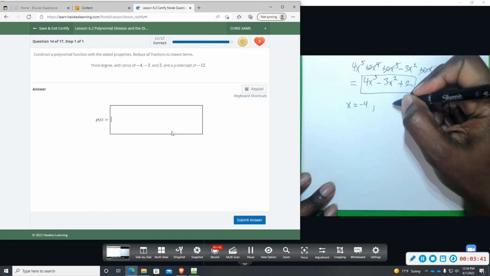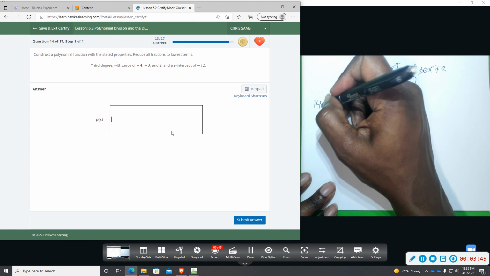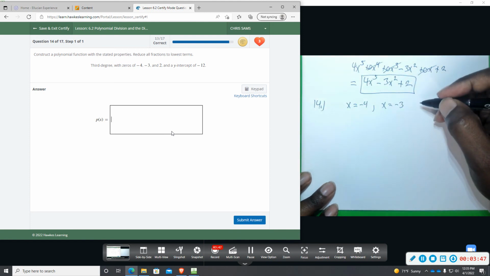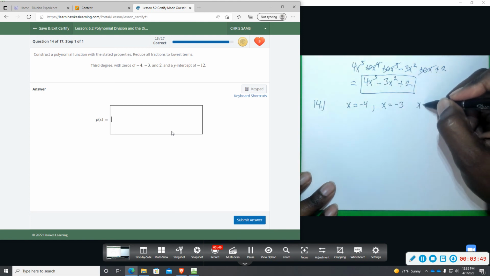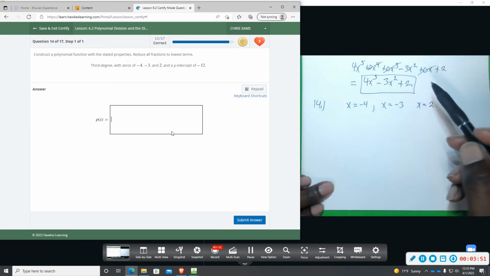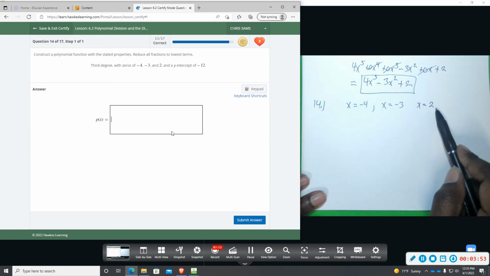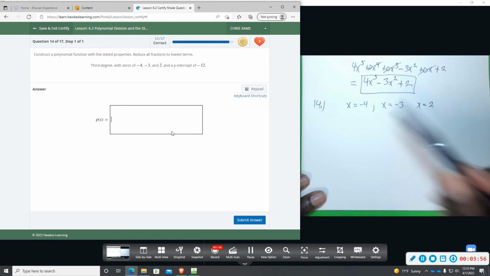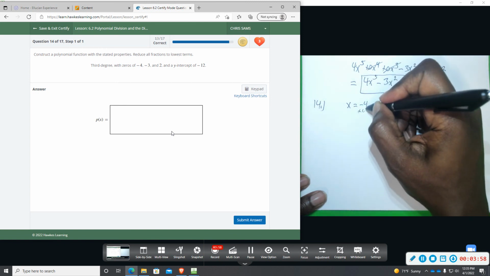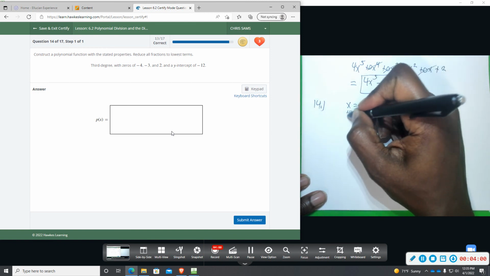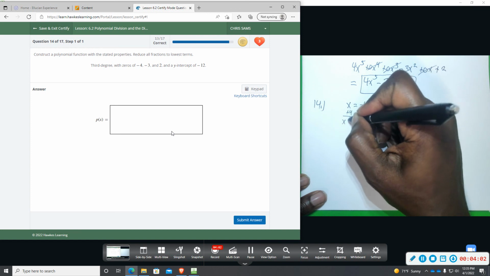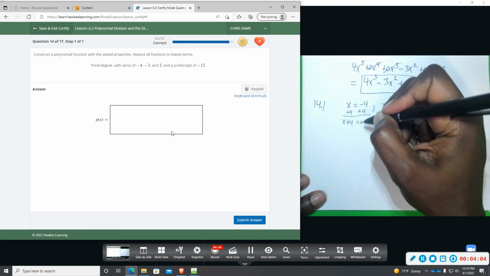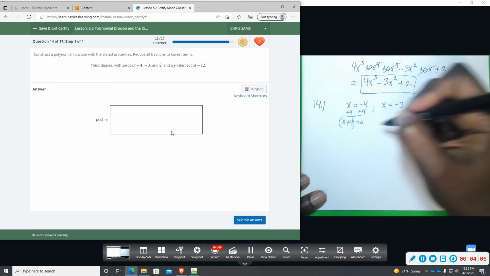They're telling you that x equals negative 3, and x equals 2. Well, we're going to be going backwards and making these linear. So I'm making one side equal 0. So if I add 4 to both sides, I'll have x plus 4 equals 0. So this is the linear term that I need.